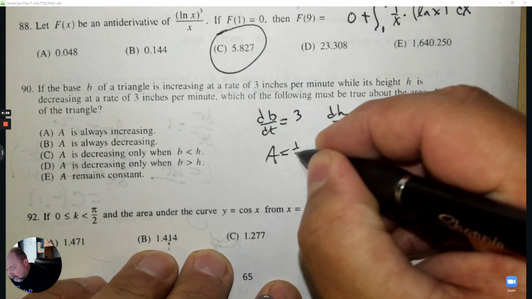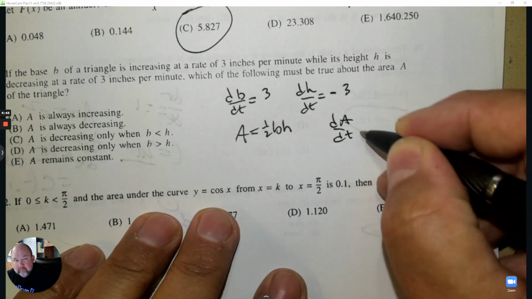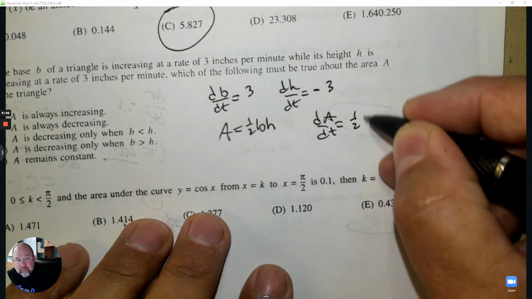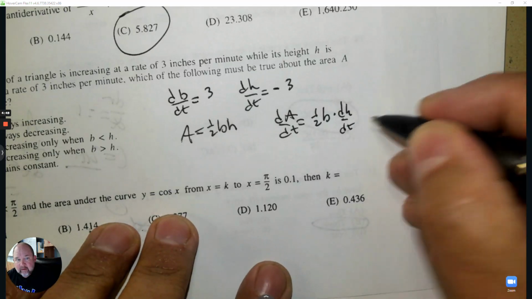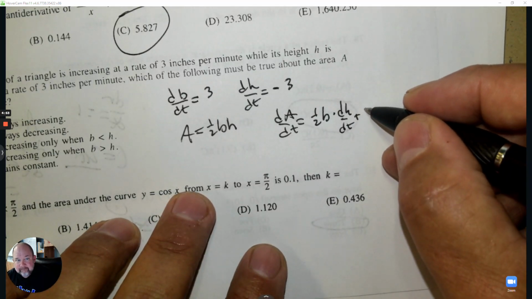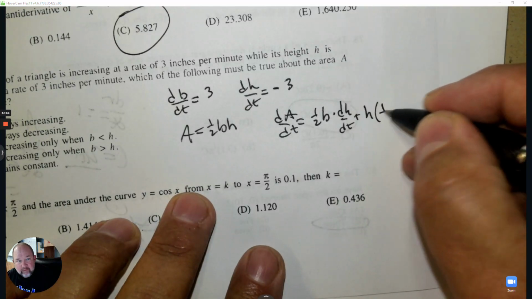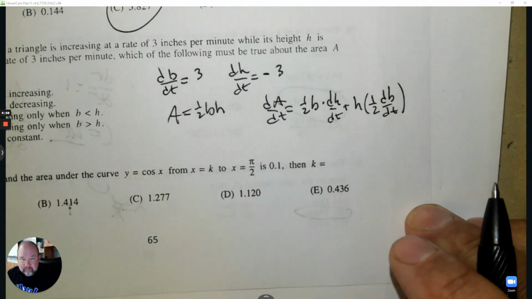So the formula is half the base times the height. So the first times the derivative of the second plus the second times the derivative of the first.